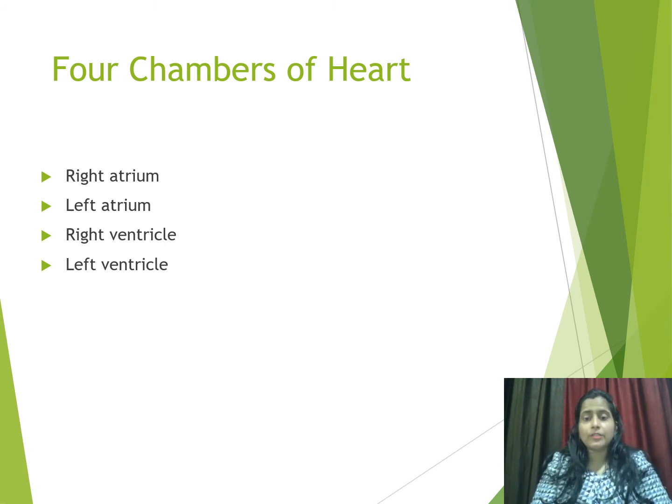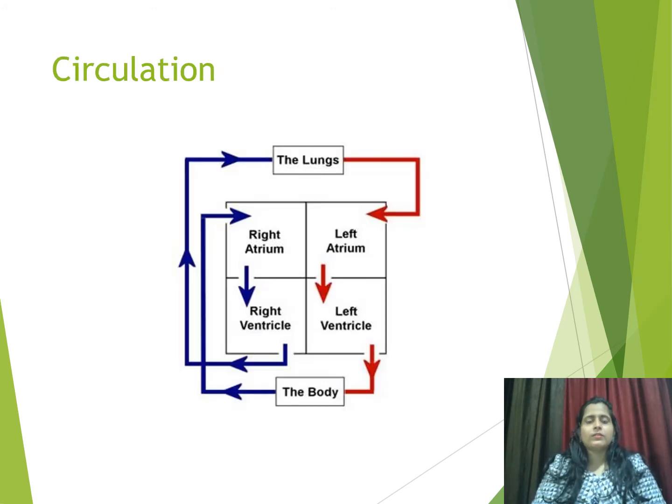Okay. This is circulatory system. Let's see how. Circulation. See, in this picture it is clearly seen that the right atrium receives blue color blood, that is deoxygenated blood. Then that blood moves towards the right ventricle. And then from the right ventricle, movement of blood takes place to the lungs. Okay.